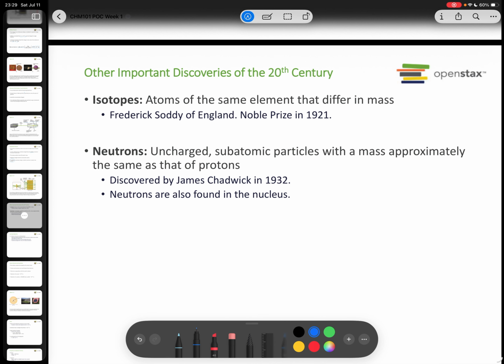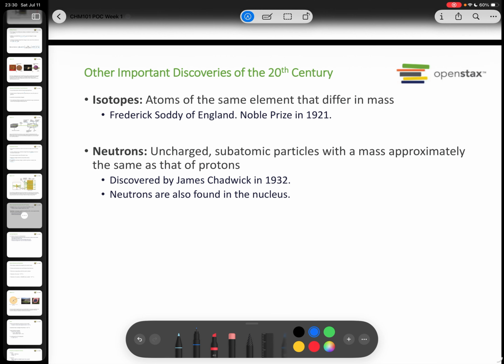Two more discoveries completed the basic picture ng ating atomic model. Okay? Si Frederick Soddy of England showed that atoms of the same element can have different masses. These are called isotopes. Okay? Isotopes have the same number of protons.